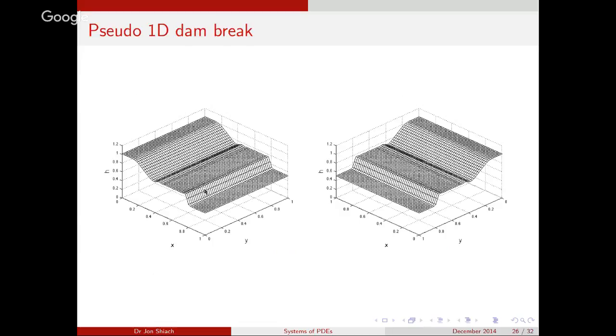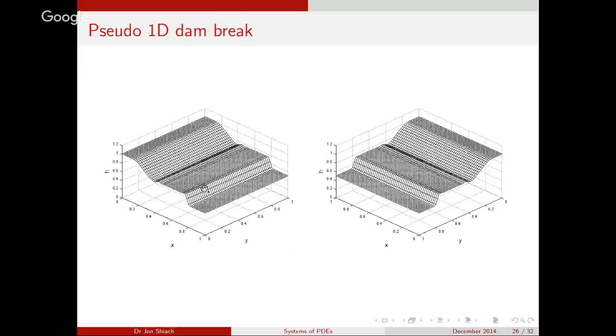Similarly, when I set up the dam break the other way, that's my Y-axis, there's my X-axis, and if I take a slice along that direction, it would all be the same. So that tests: is my dimensional splitting working? From that, it is working.